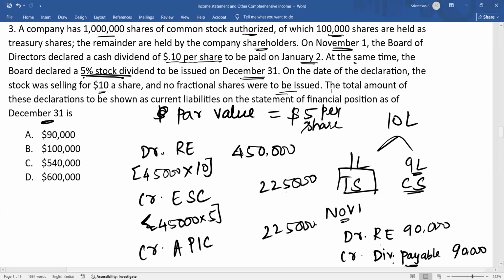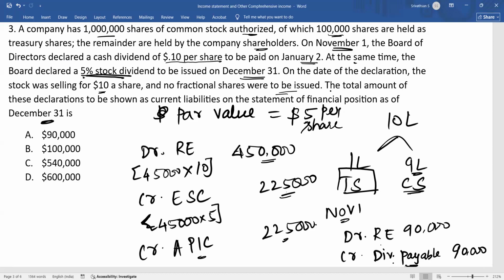But in case of a stock dividend, in case of a small stock dividend, we debit retained earnings with the market value. Then we credit equity share capital. Why? Because we are paying out shares as dividend. So as a result, equity share capital is increasing. And the remaining amount will go to additional paid in capital. So this is the journal entry for a stock dividend.